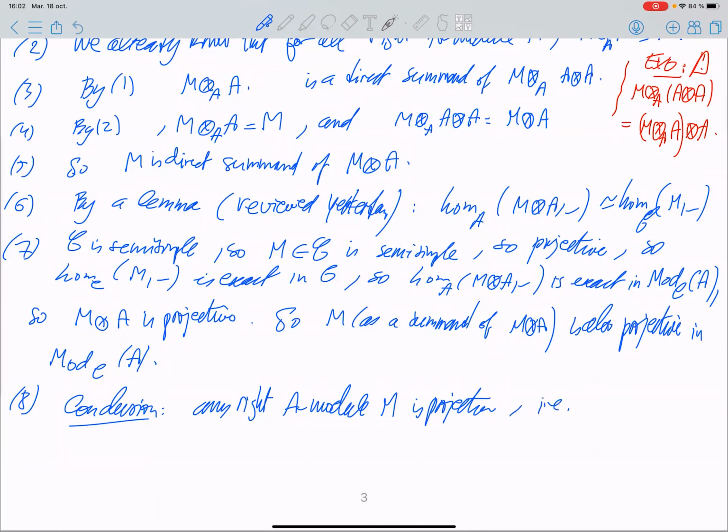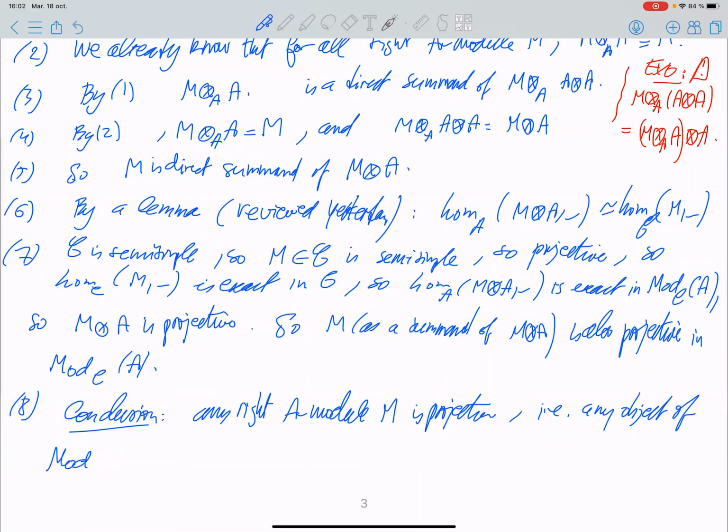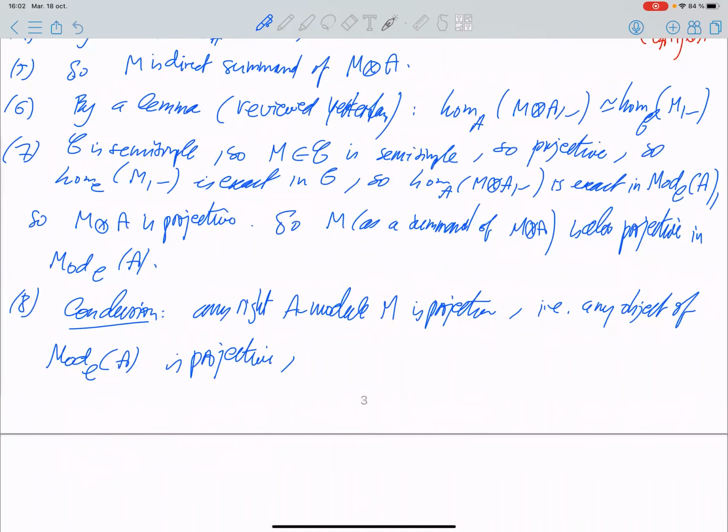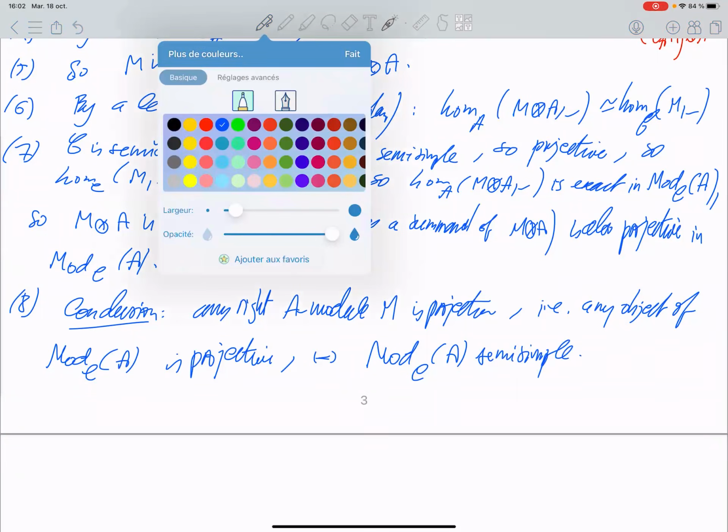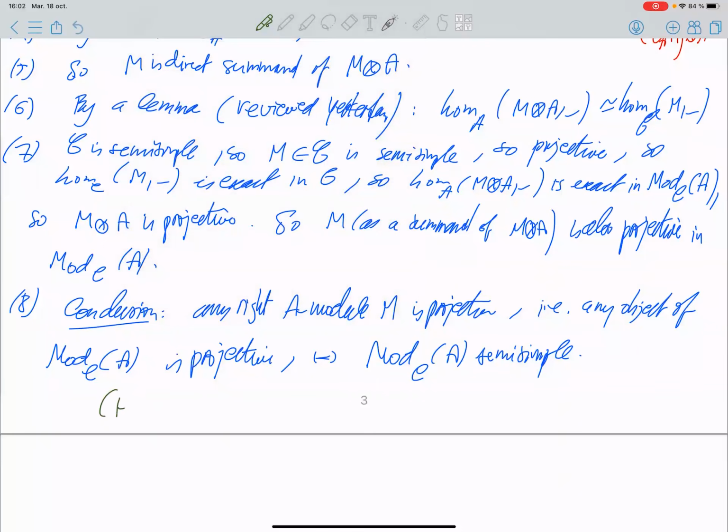In other words, any object of mod C A is projective, which is equivalent to have mod C A semi-simple, because recall that an abelian category is semi-simple.